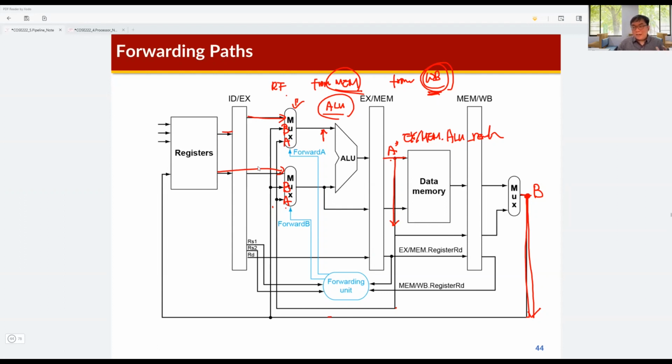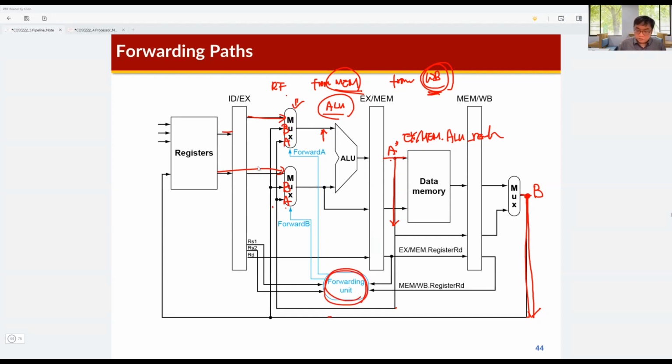Also, if we add a multiplexer, then we need the selection signals for this multiplexer. So this selection signal is generated by a control unit called the forwarding unit.